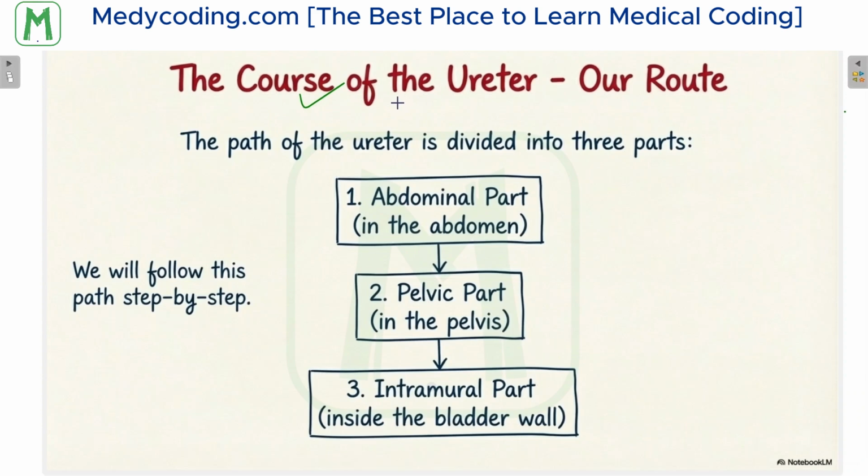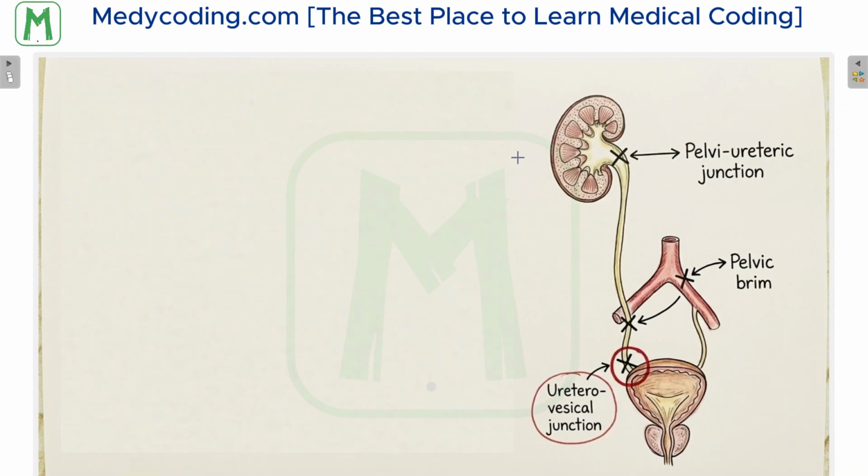So, what is the course of the ureter? The course means the parts of the ureter. The ureter goes through different regions like the abdominal region, the pelvic region, and the intramural part, which means some part within the bladder. In this figure, you can see from this position to this position is the abdominal part because it lies in the abdominal region.